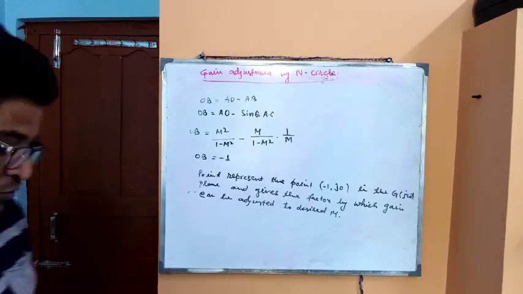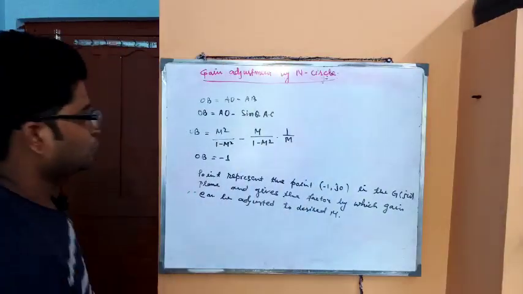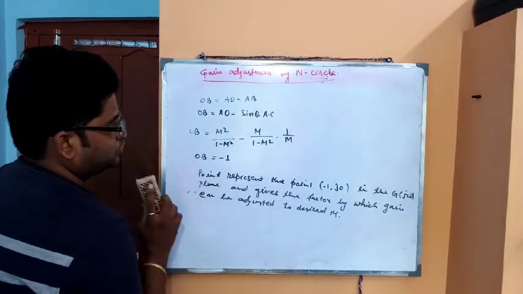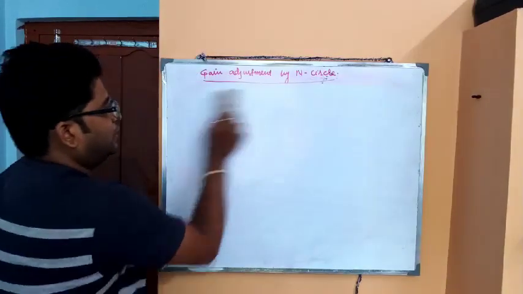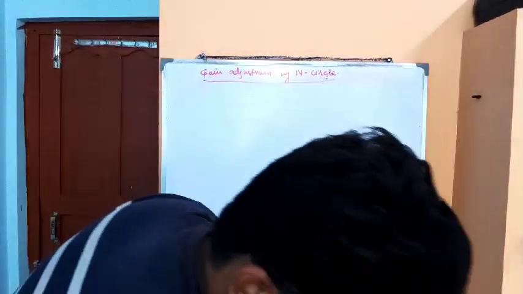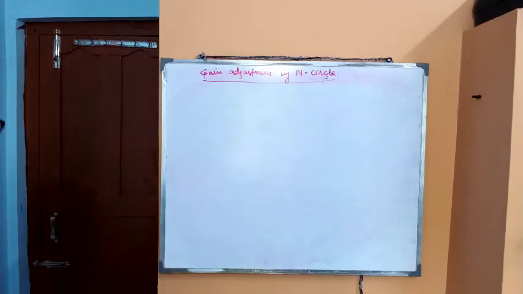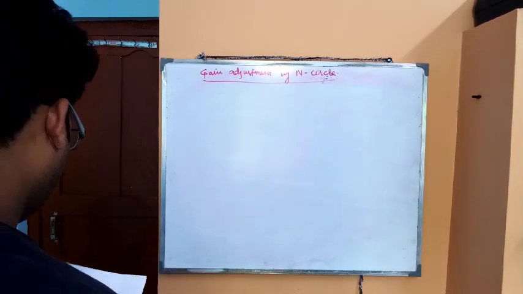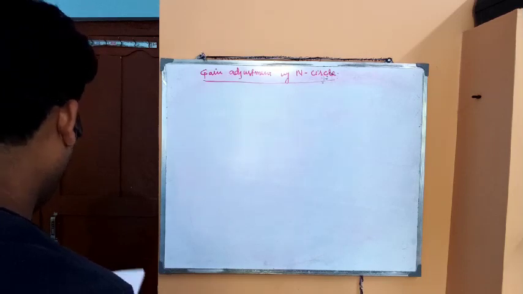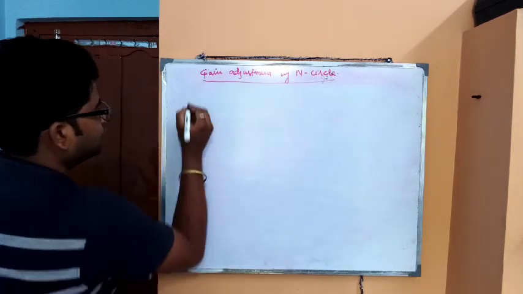Now, to define this we have some steps or procedure. So write down the steps over here. This is the explanation of how the gain of the system can be adjusted by the N circle or the value of M. Okay, now the procedure.